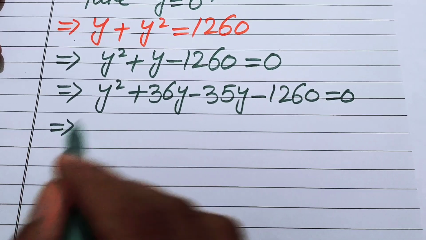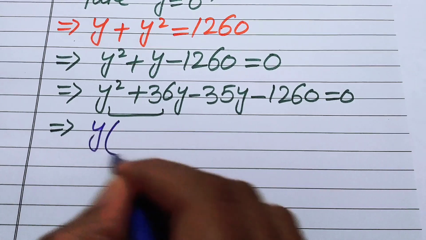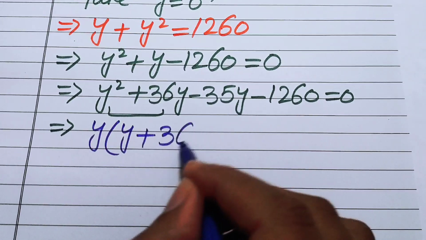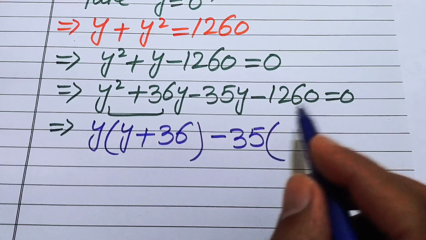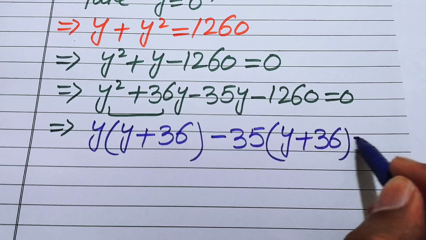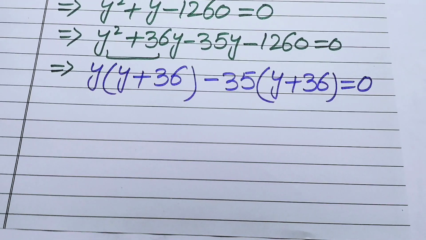Now first you focus on the first two terms, and you will see we have y as the common term, and we take it common and you get y plus 36, and here we take common minus 35, and we get y plus 36, and this whole equation equals 0.